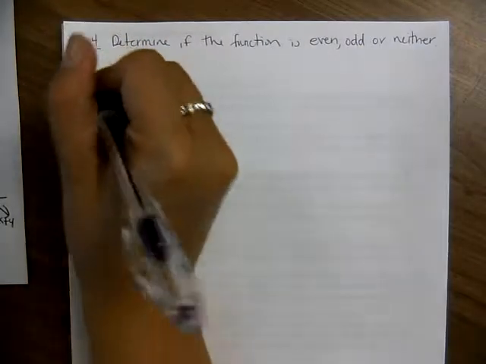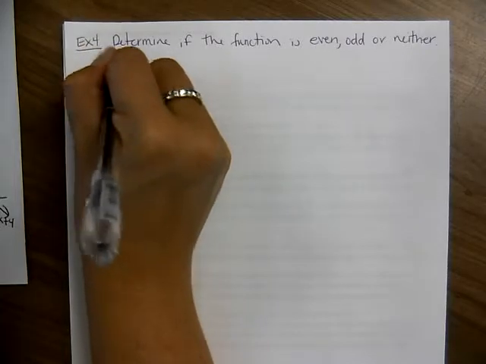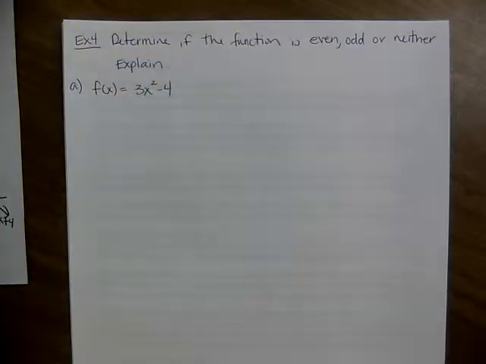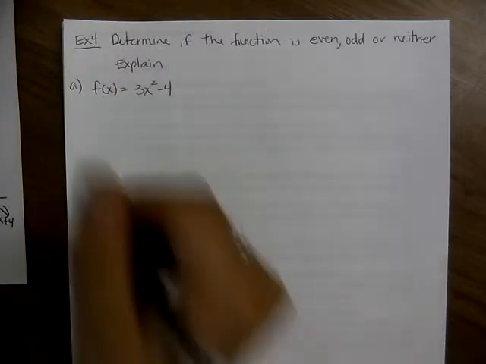Okay, so let's start out with f of x equals 3x squared minus 4. Okay, so all you have to do in order to determine if it's even or odd is plug in a negative x, simplify it down, and then compare it to the original.